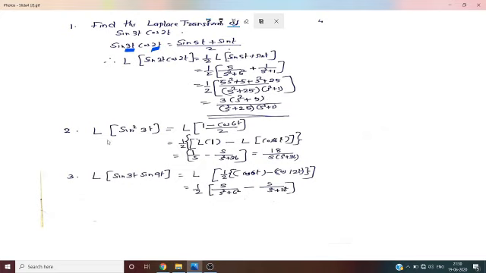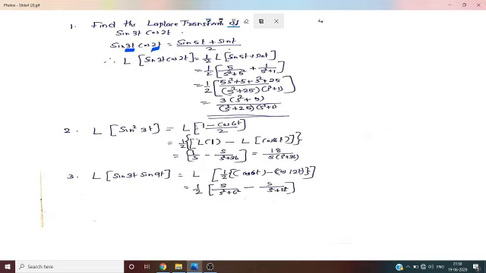Now the second question is, find the Laplace transform of sin square 3t. You know that sin square 3t equals 1 minus cos 6t by 2. So, instead of finding the Laplace transform of sin square 3t, you have to find the Laplace transform of (1 minus cos 6t) by 2.